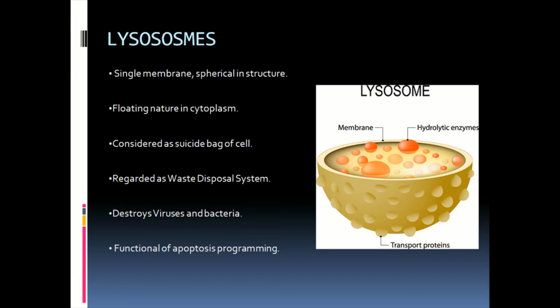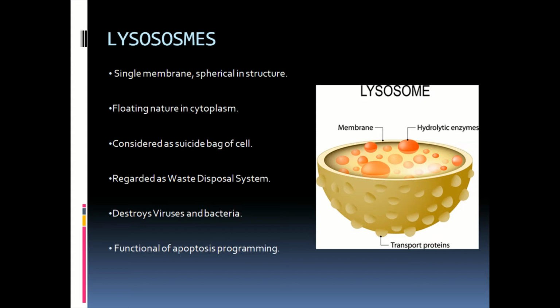The last function is apoptosis. It is programmed for apoptosis. What is apoptosis? Apoptosis means self-programmed death. That is, the lysosome knows when it itself will die, when the cell is worn out.